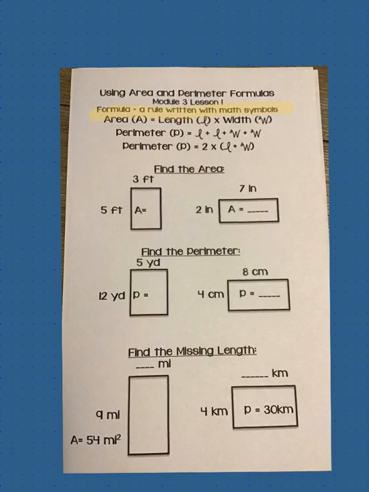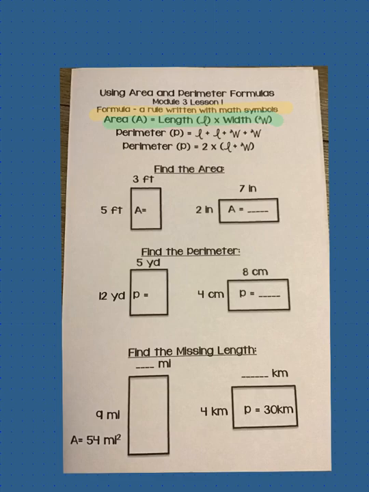Okay, it has an equal sign and either an addition sign, a subtraction sign, a multiplication sign, or a division sign. It's a rule. It's going to always be true. So area equals length times width, which you already knew from third grade.